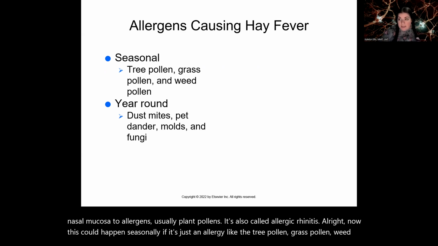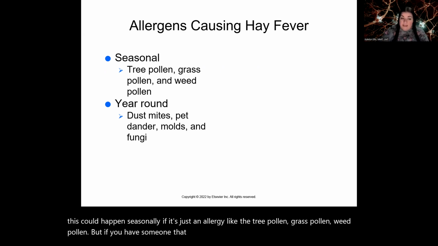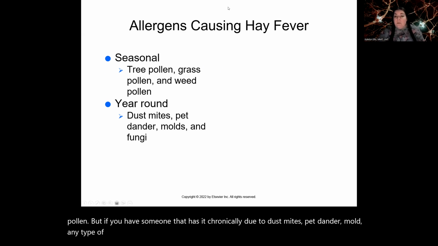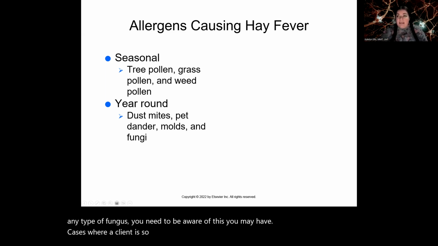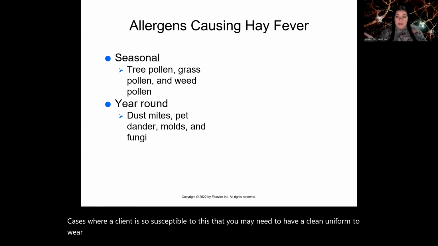But if you have someone that has it chronically due to dust mites, pet dander, molds, any type of fungus, you need to be aware of this. You may have cases where a client is so susceptible to this that you may need to have a clean uniform to wear in your office for clients with allergens.